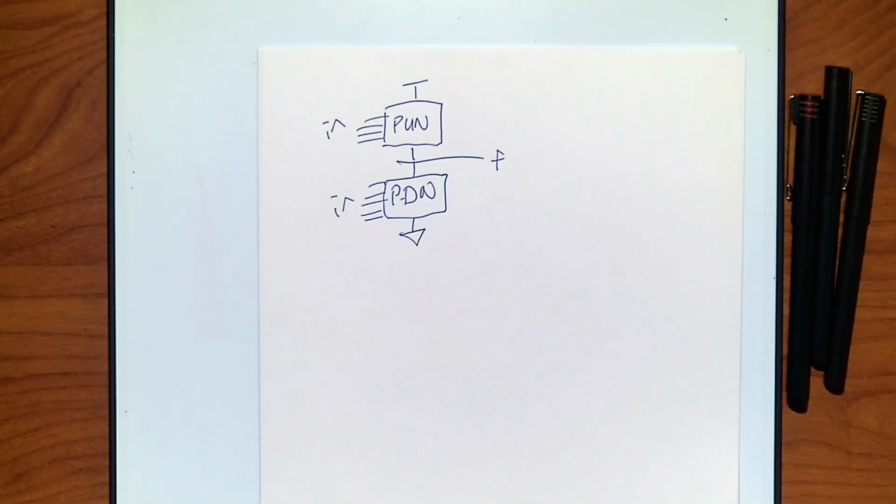Are they both equally fast? No. Who's faster? The pull-up network or the pull-down network? How many people think the pull-down network is faster? I just heard that one. How many people think the pull-up network is faster?